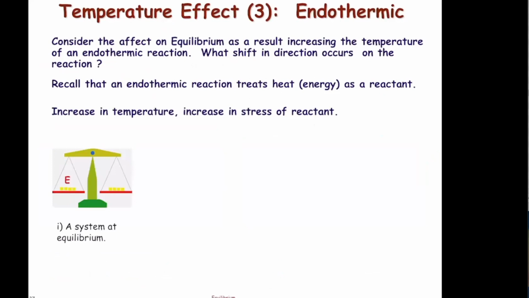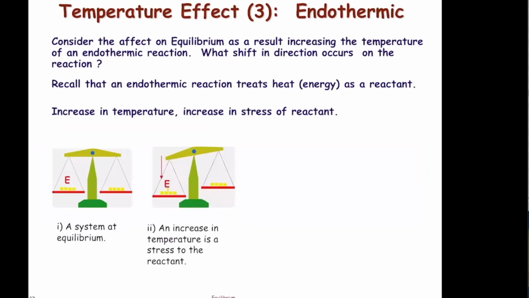Let's take a look at the endothermic reaction and what happens when we increase the temperature. Well, we're putting a stress on the reactant side. Remember, in endothermic, energy is a reactant. In order for this to go back to equilibrium, we have to take the reactant and move it over to product.